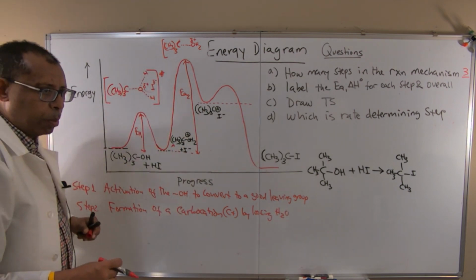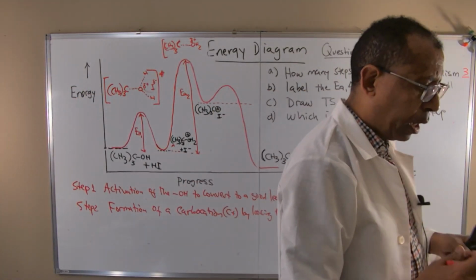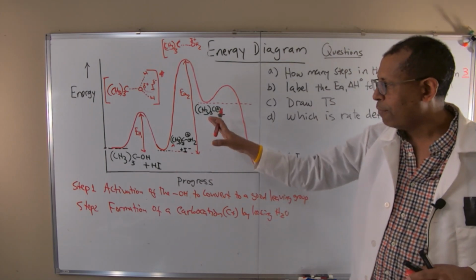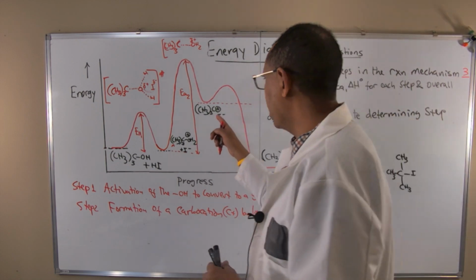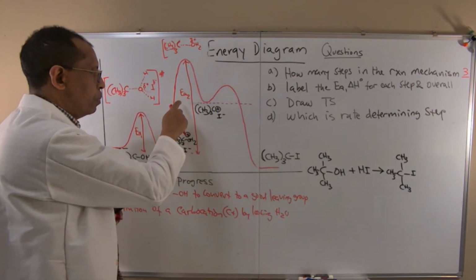That's the second step. Carbocations are very unstable. That is a very reactive intermediate we have in the activation energy 2.